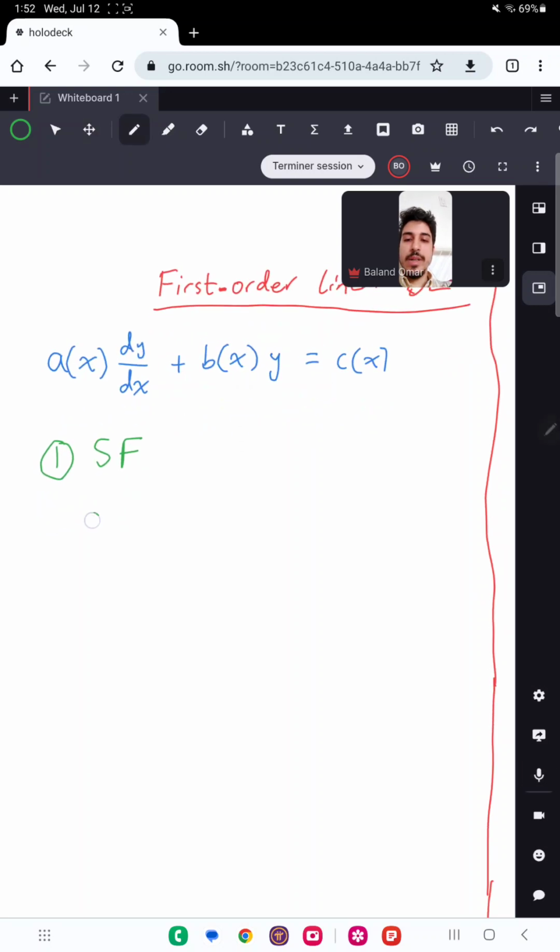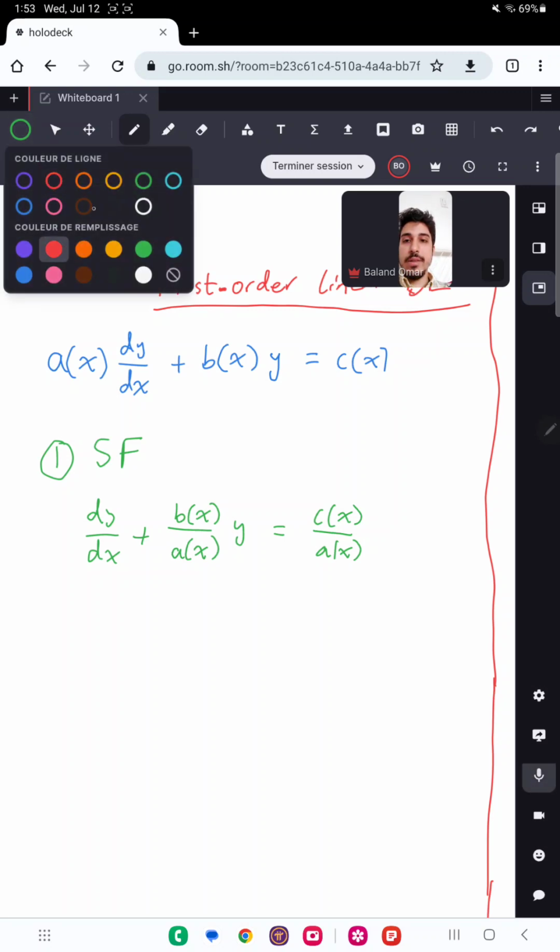So it will be dy over dx plus b(x) over a(x) times y is equal to c(x) over a(x). That's it. That's my standard form.